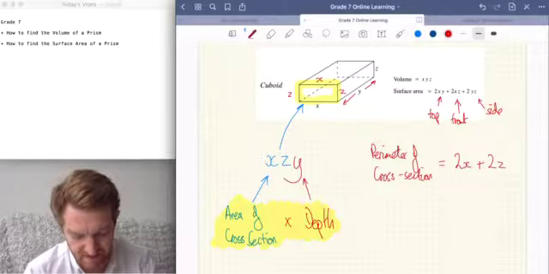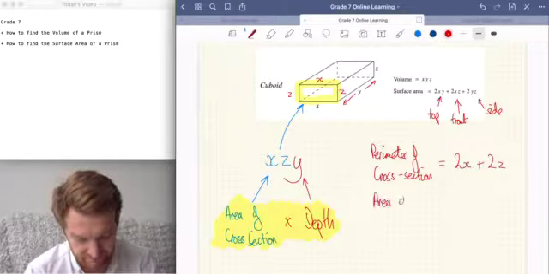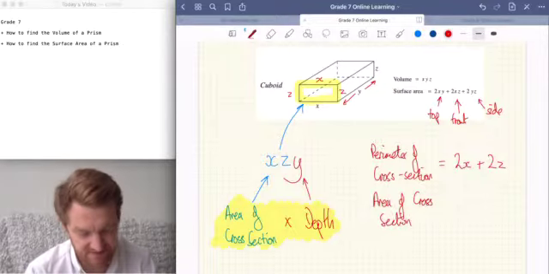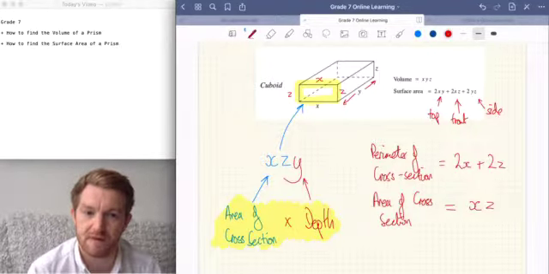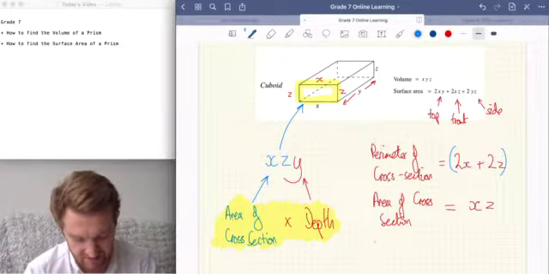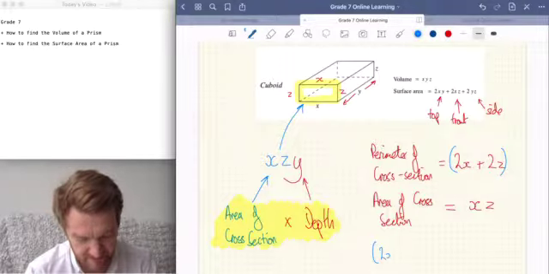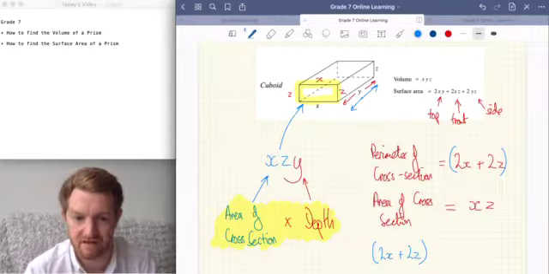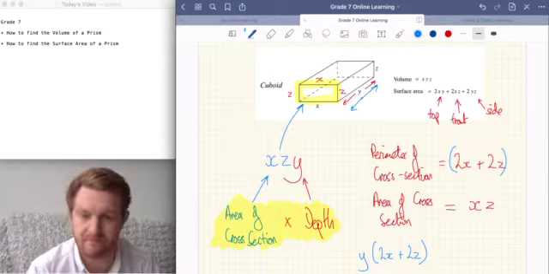We already know that the area of the cross section, which we did a second ago, is x times z. If we take this perimeter here and we multiply that by the 3D depth, which is that bit here, then we'd multiply it by y.